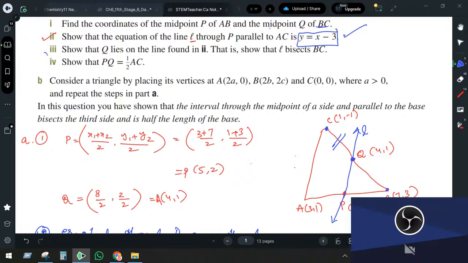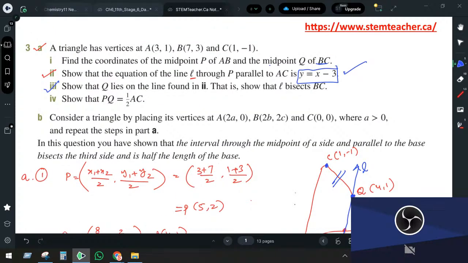What is asked in the third point? Q lies on the line found in 2. Is there any other logic? L is not mentioned previously. L bisects BC only. I did it wrong.